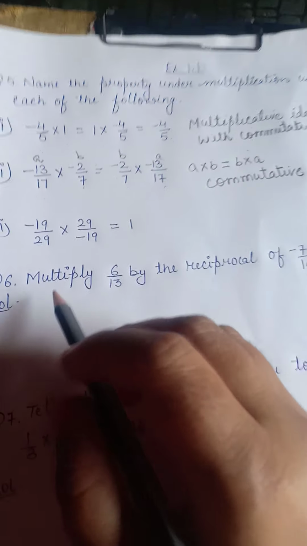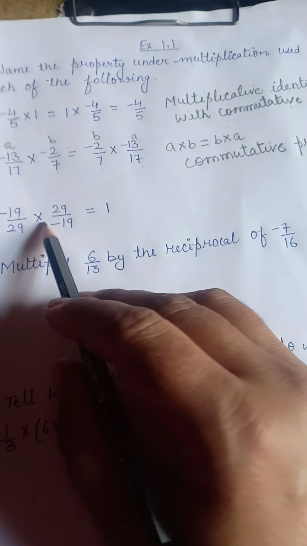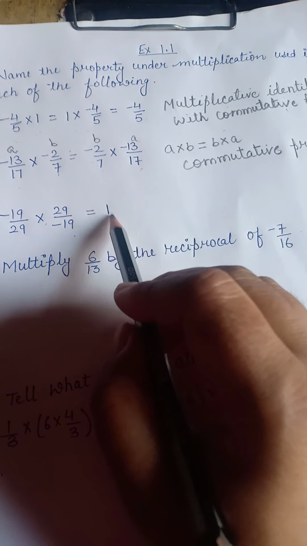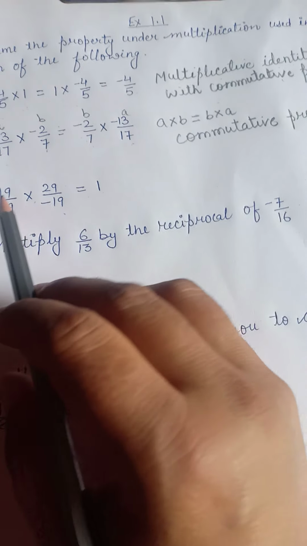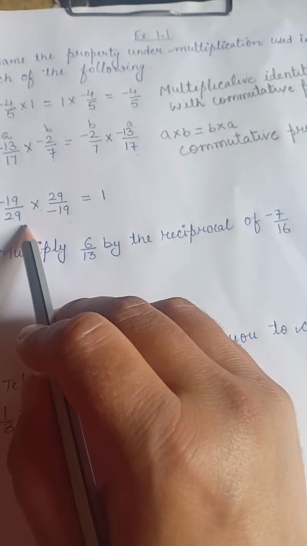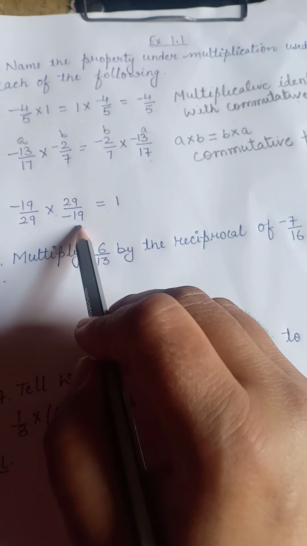In the third part, minus 19 upon 29 multiplied with 29 upon minus 19 equals 1. Here the first one is given as the rational number minus 19 upon 29. Then the second one is the reciprocal of that number.